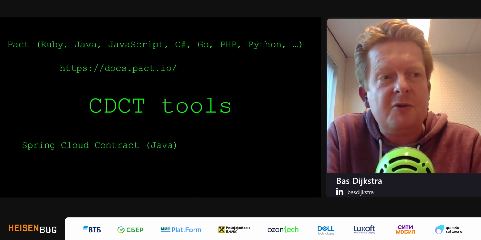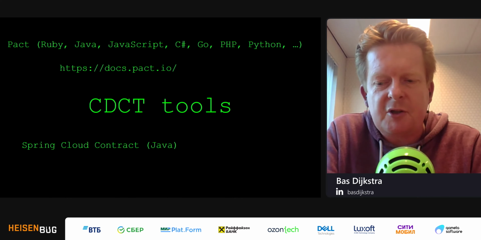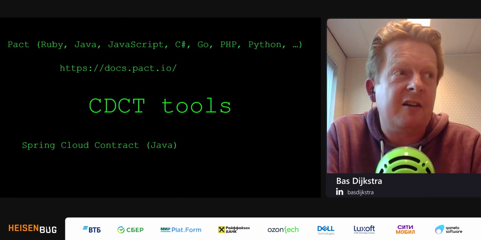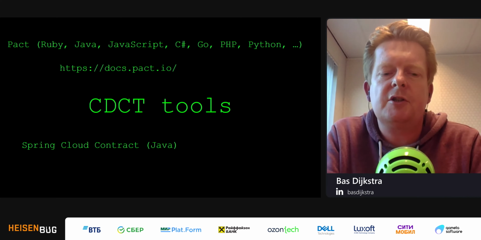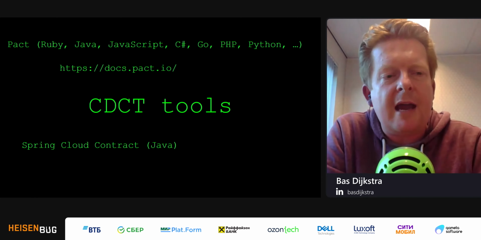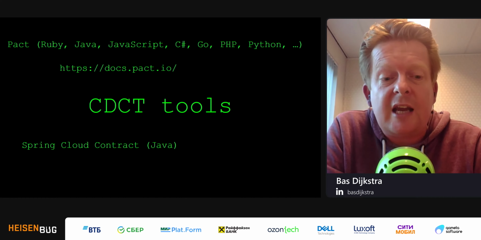Whereas Pact can be used in a much more heterogeneous environment, so with services that are maybe developed in different technology stacks, different programming languages. So that to me makes Pact a lot more versatile. But that's not to say that Spring Cloud Contract is not a good tool.